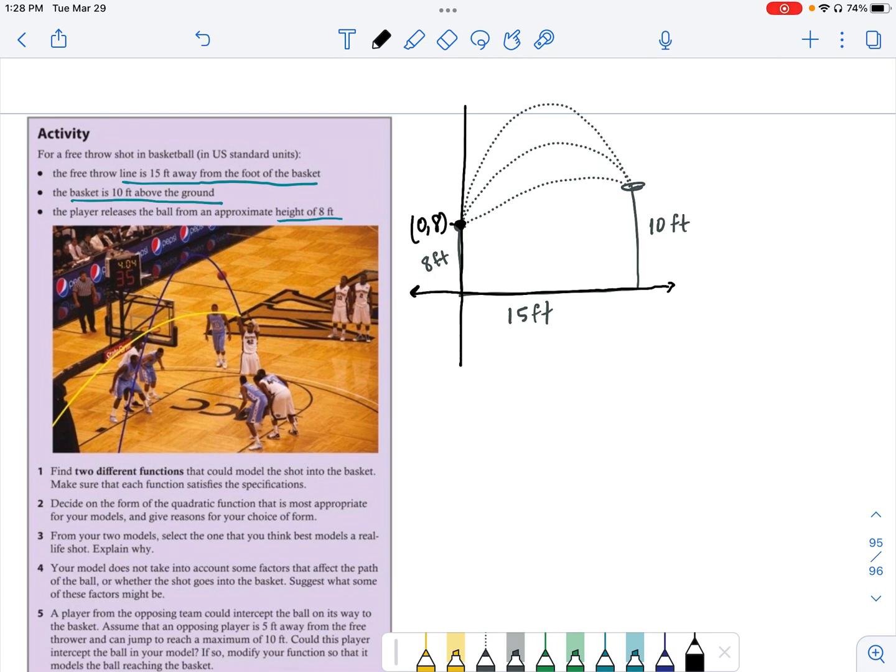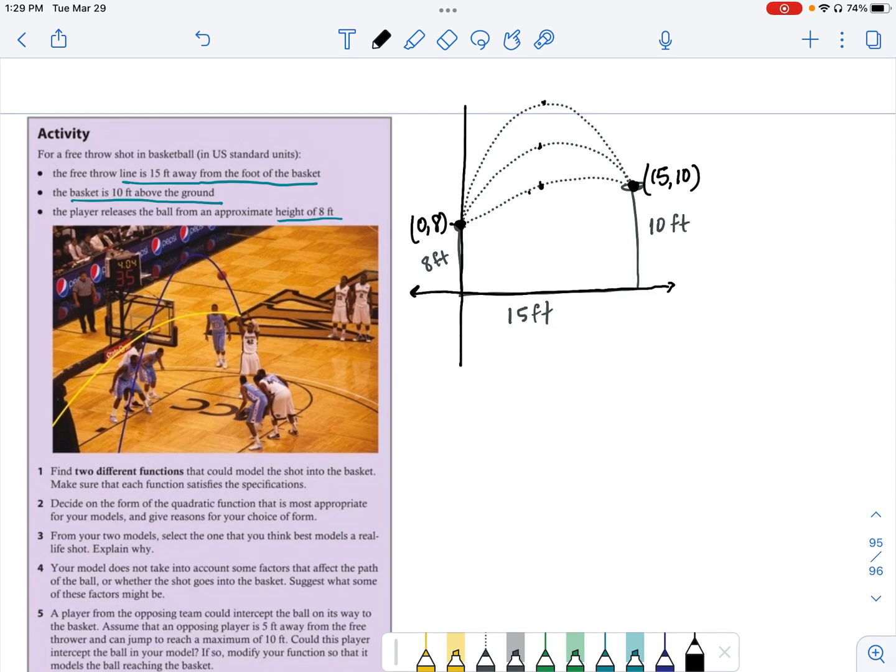The ball travels 15 feet and hopefully lands 10 feet high. So the point of the basket is (15, 10). And we could have any number of vertices, or other points in between. But these 2 points give us a starting place to find the equation.